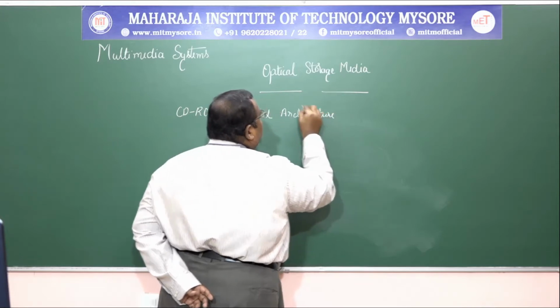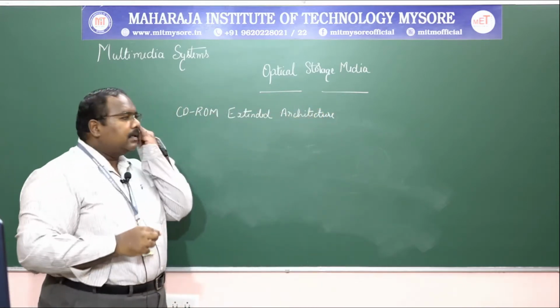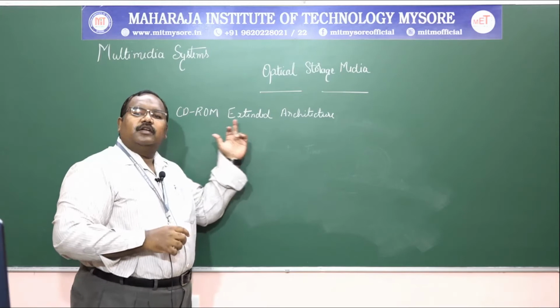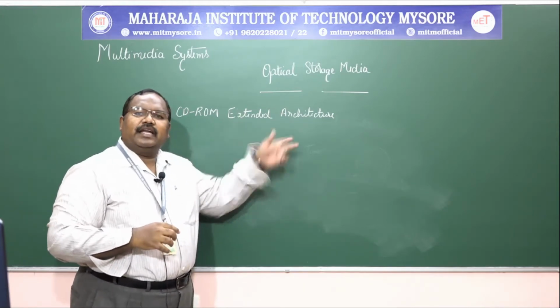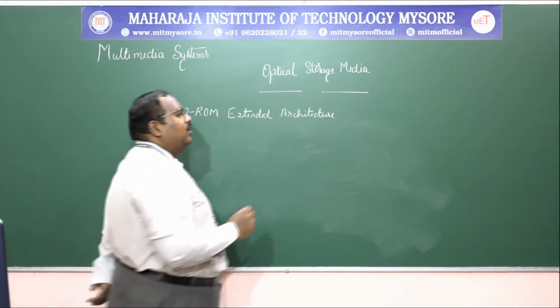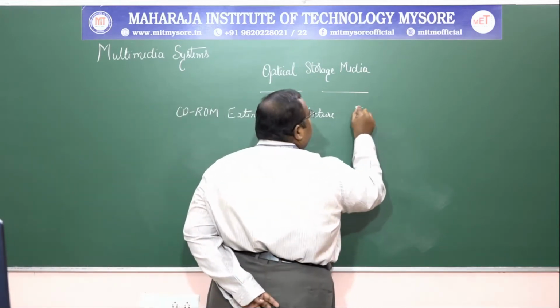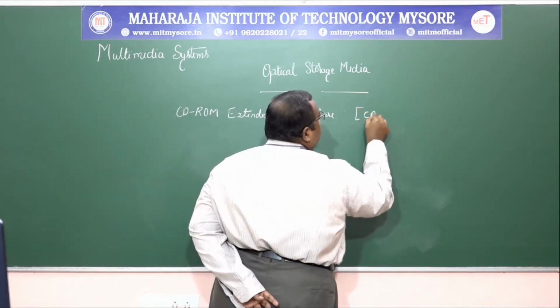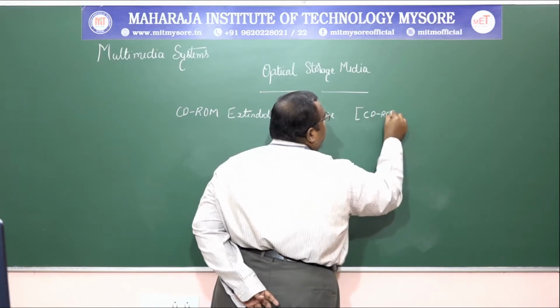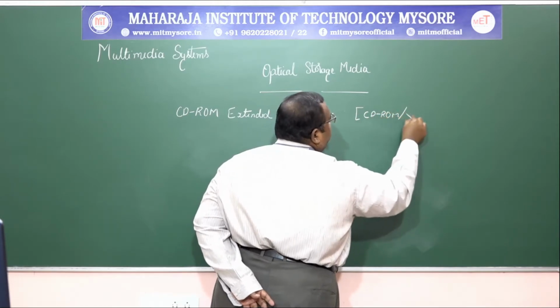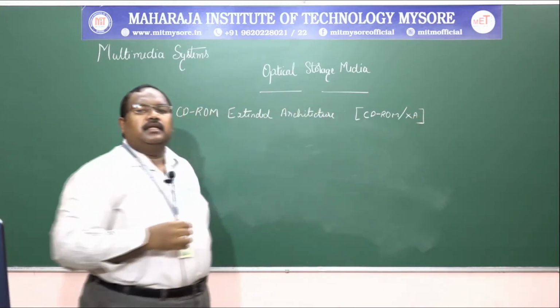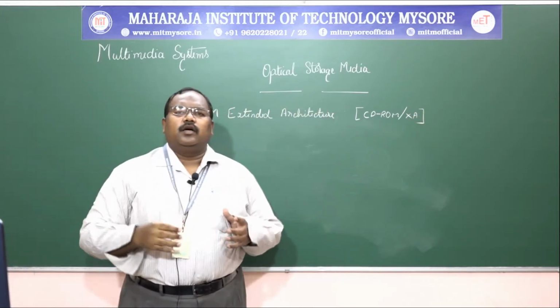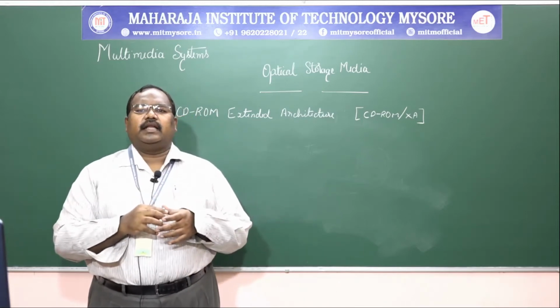As the name itself suggests, it is also CD-ROM, with some things extended in the architecture. It is denoted in short as XA. The XA means the extended architecture. What is this CD-ROM extended architecture?